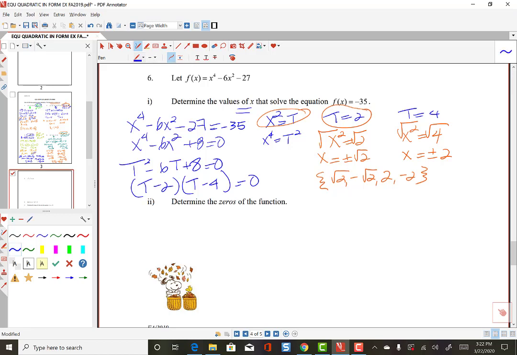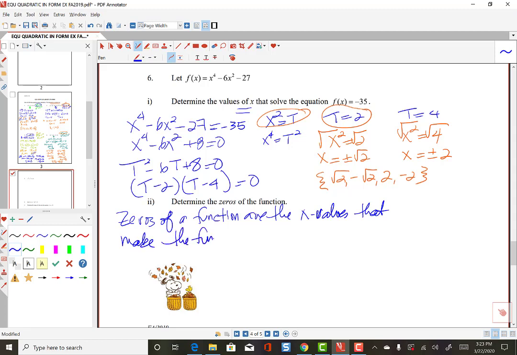So what we have to remember is that the zeros of a function are the x values that make the function equal to 0.